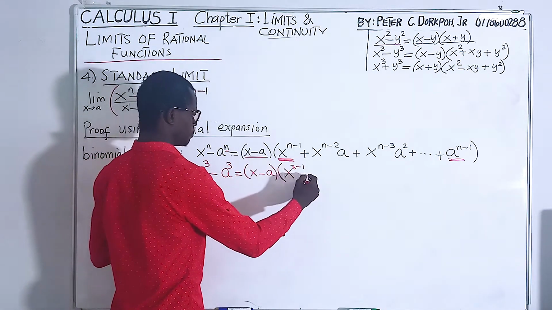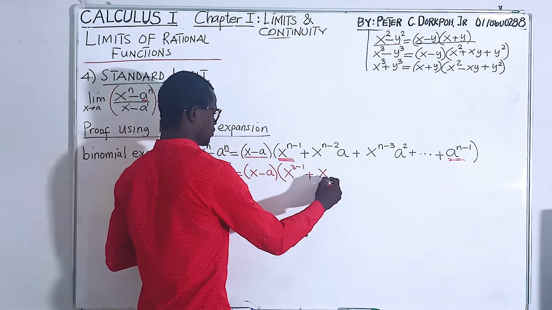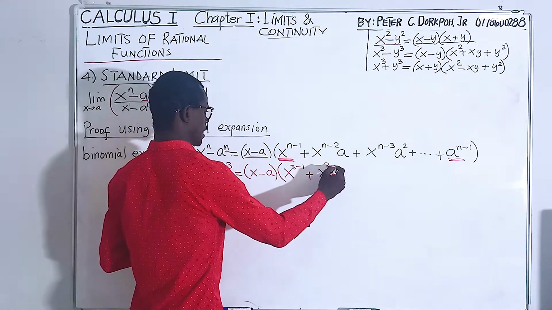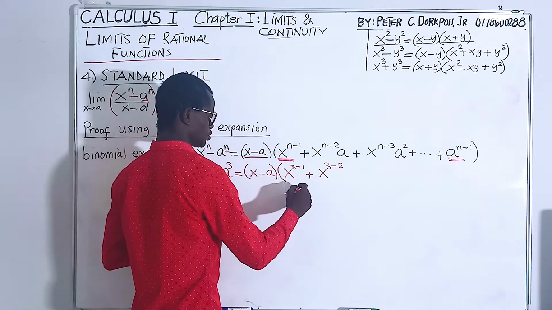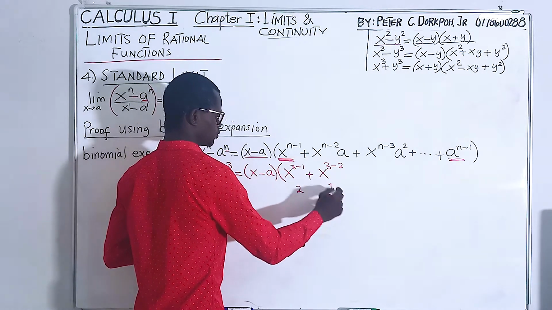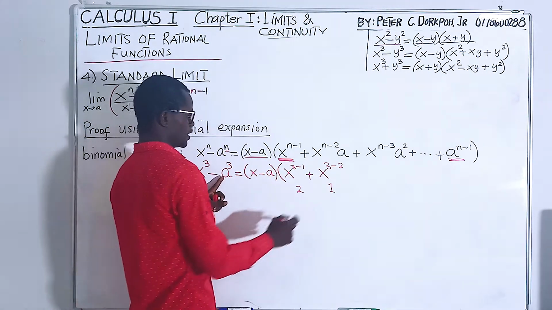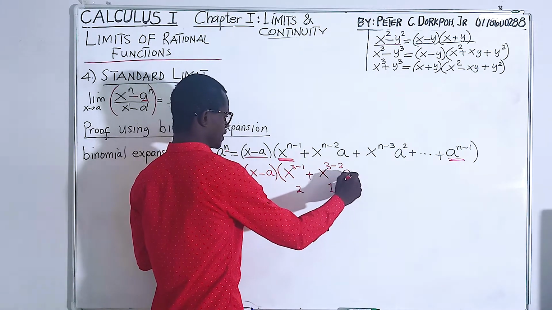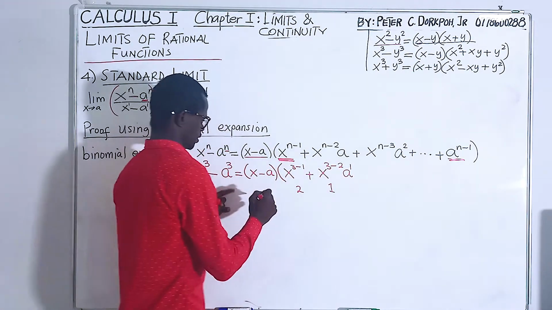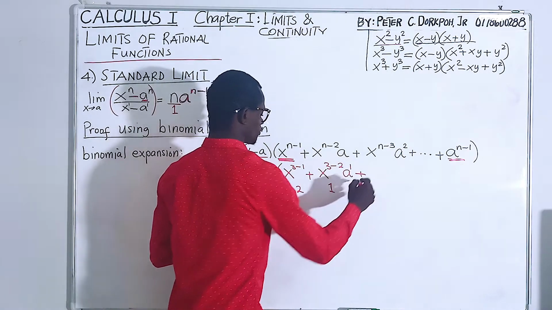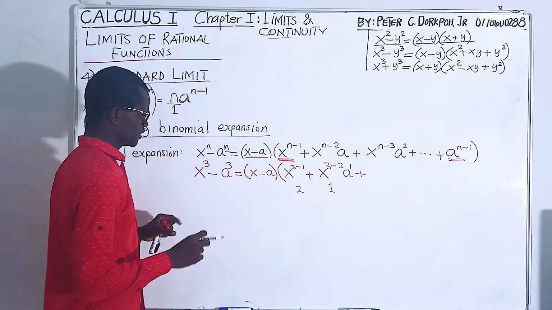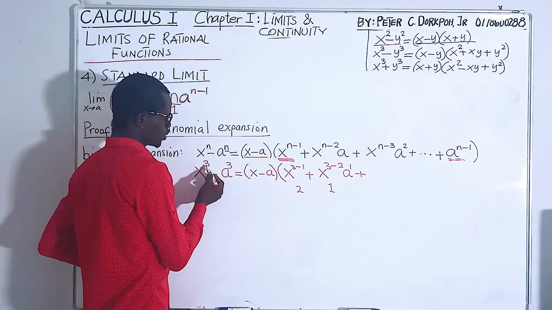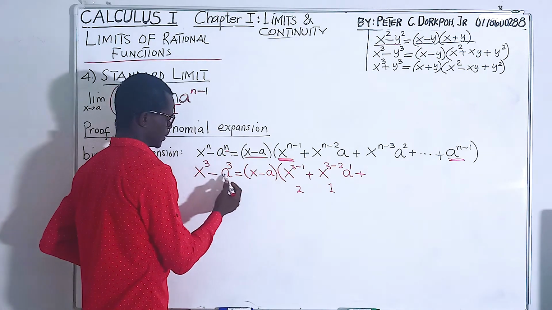This is the first one. Plus x now raised to the power 3 minus 2. The power is 1, right? Then the next one, in the same term, you have a now going to the first power plus.